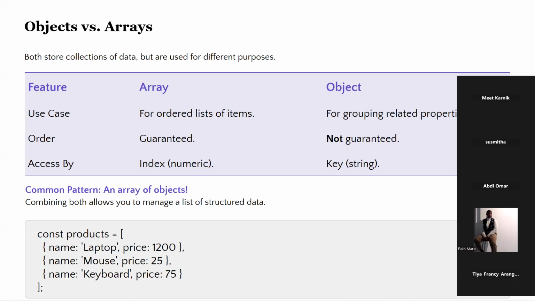The order of insertion in an array is almost guaranteed. In an object, we could switch the order or try to sort them by key, but that is not always guaranteed.